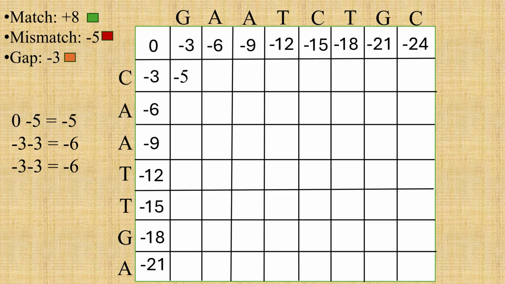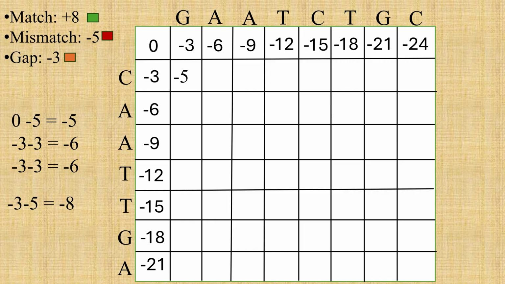The next cell is computed in a similar way, where we align C from the vertical sequence with A from the horizontal sequence. Since they are also different, this is a mismatch. And the diagonal score is the top left cell, which is -3, plus the mismatch penalty score, which is -5, and the result is -8.